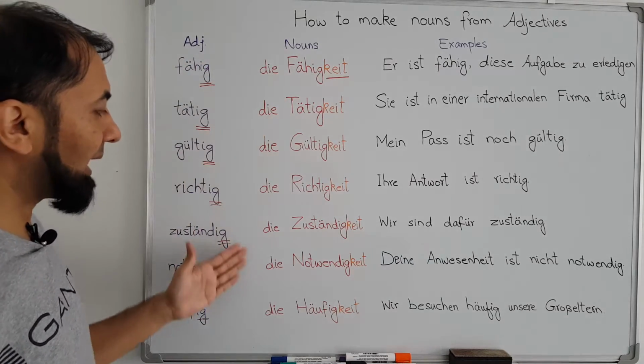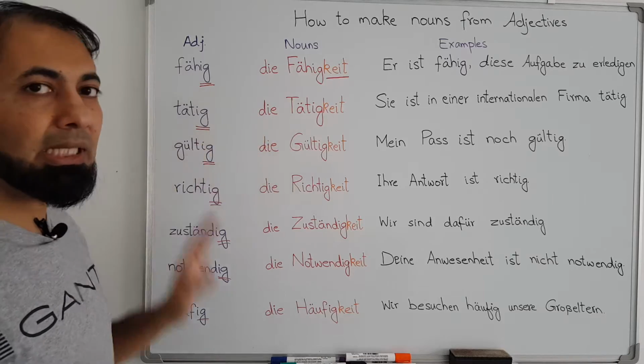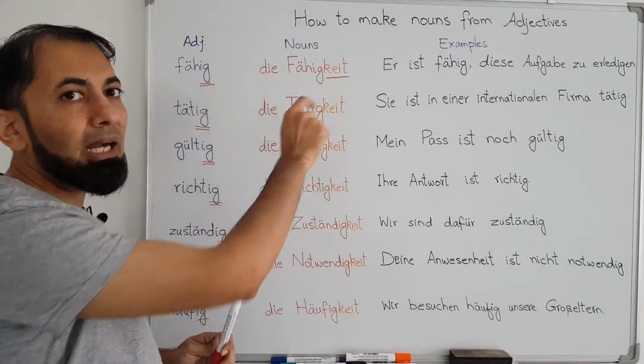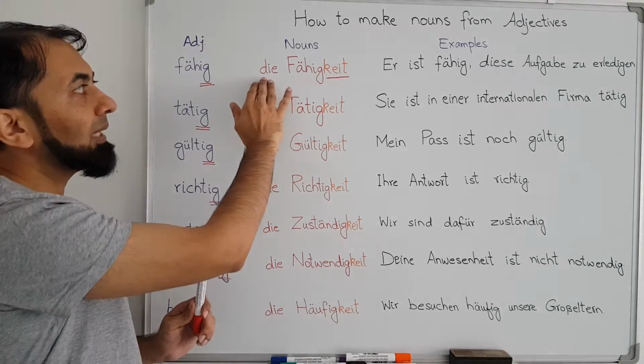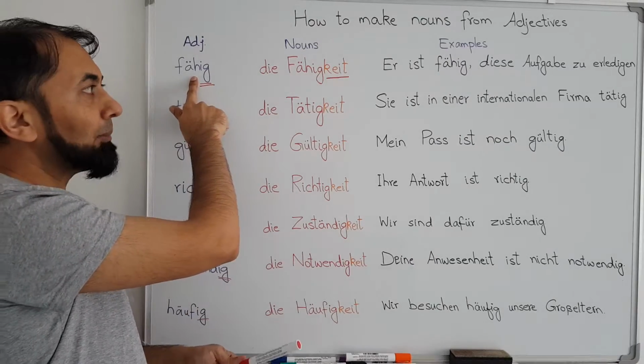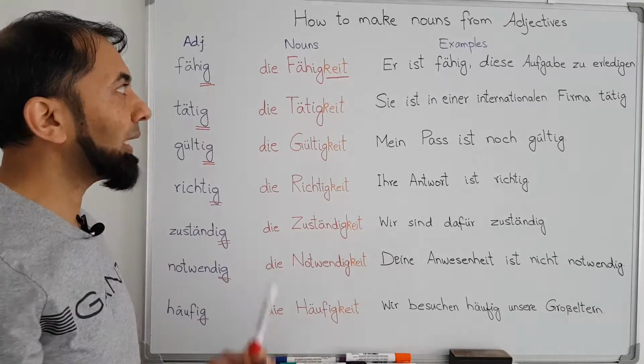All the nouns I have listed have the article die. All nouns ending with keit are feminine and have the article die. So fähig means able or capable, and Fähigkeit means capability or ability.